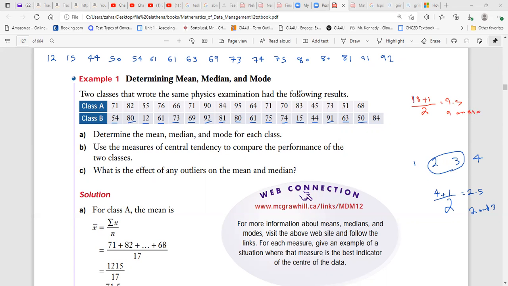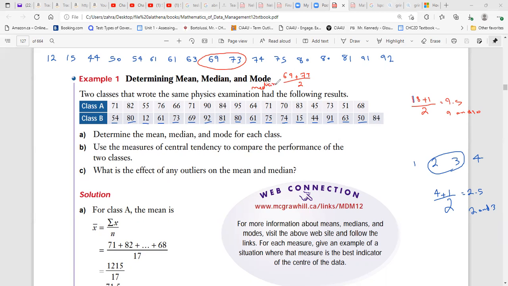So the 9th one: 1, 2, 3, 4, 5, 6, 7, 8, 9, and here is 10. 69 and 70. I take these two. So what do you do? You just add them and divide by 2.